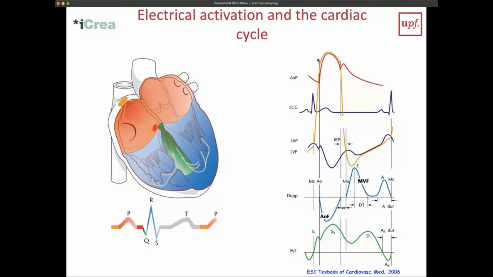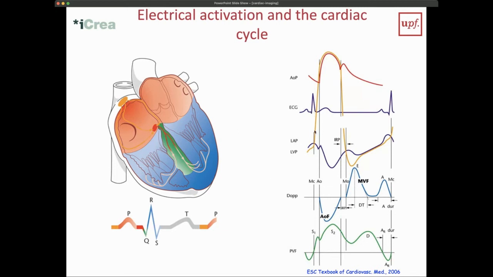Now, when we look at this with regard to, for example, the pressures, what you will see is that, although physiologically the cardiac cycle starts with the onset of the atrial contraction, when we look at cardiac function we mostly start from the onset of ventricular contraction.